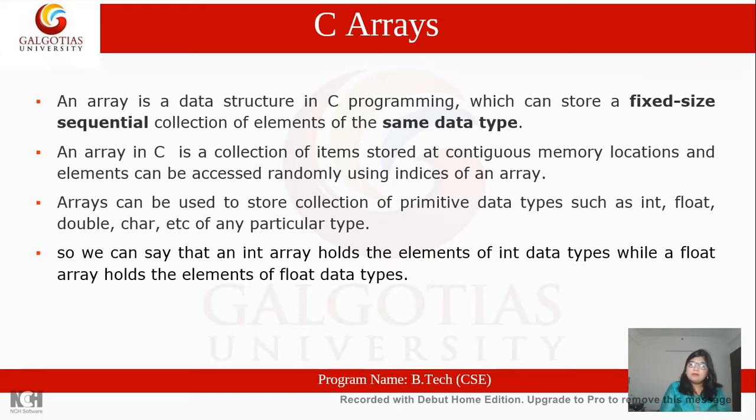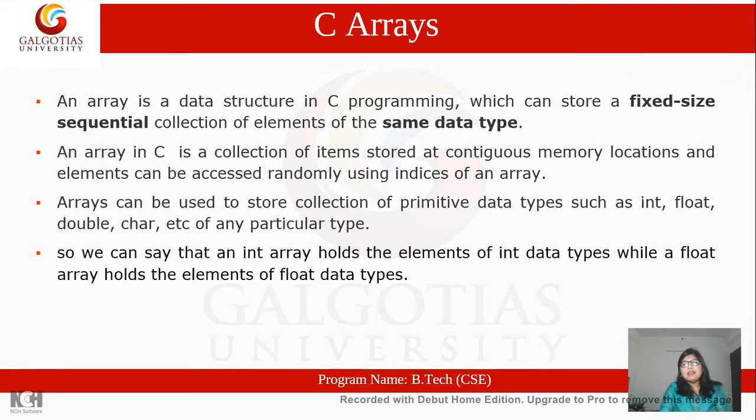So it can be integer elements, it can be float elements, it can be double elements, it can be character, it can be long, short. There are plenty. But if we have declared it as an integer array, that means all the elements will be of integer data type. Let's move on to the next point.